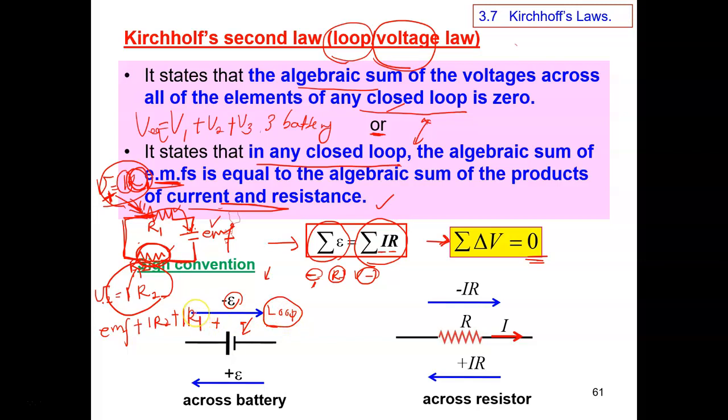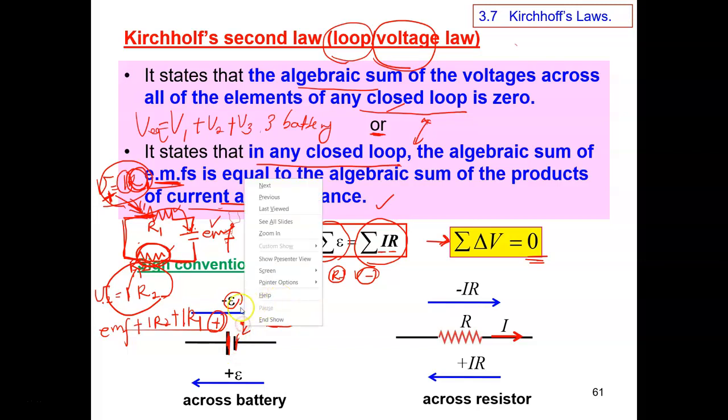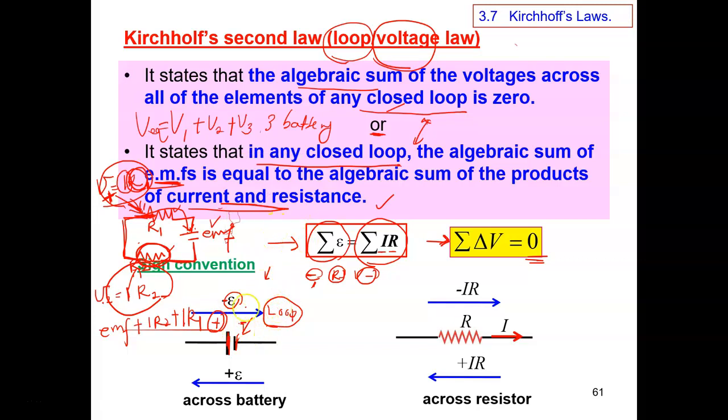Now, if the directions of the loop in my circuit decided to move from positive terminal to negative terminal, the value of EMF for this battery is negative sign. Can you get it? And vice versa.